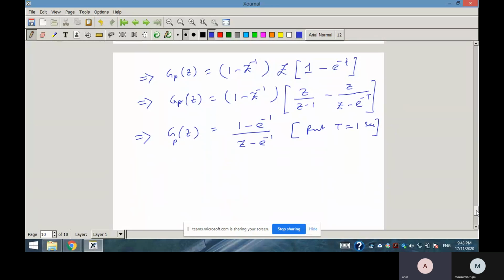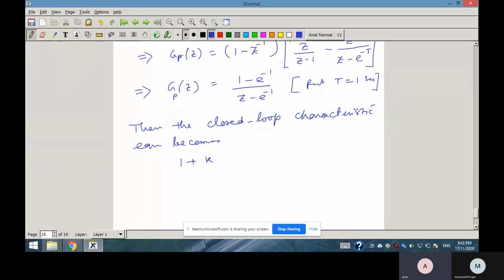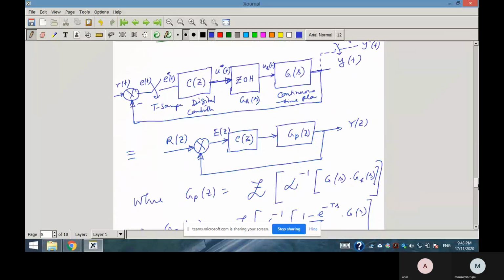So now what is the closed loop characteristic equation? The closed loop characteristic equation becomes 1 plus, from this figure, this is a negative feedback system.